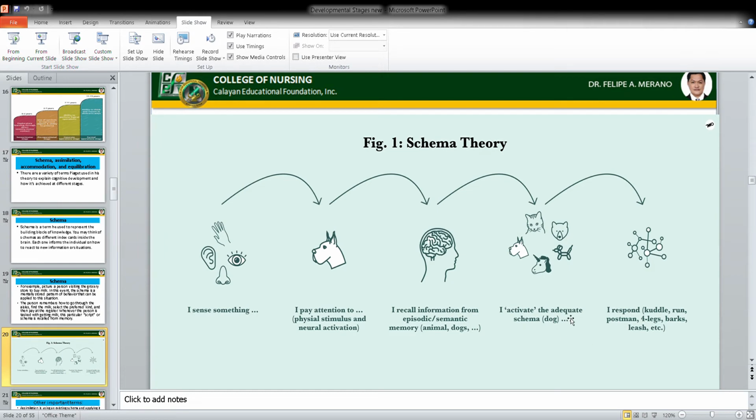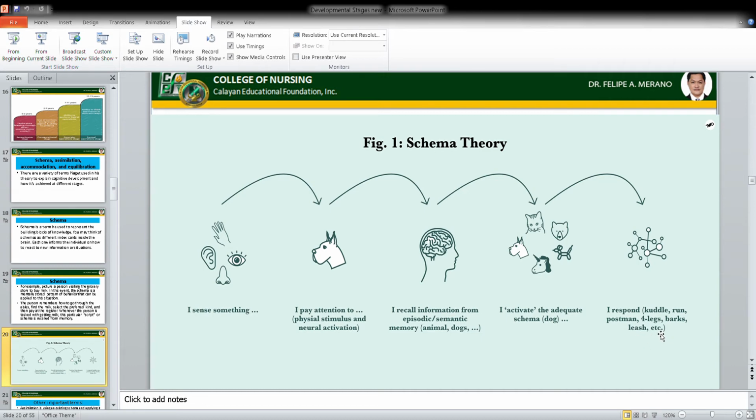Then, doon ka lang magkakaroon ng activation or the application of an adequate schema. The dog will run if you run, but if you did not run, the dog will just bark at you. Then it will be followed by your response. Depende sa iyo kung tatakbo ka, titigil, uupo, okay?